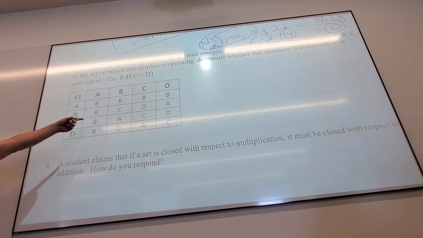Because I have all the answers. Can you tell me what C omega D is? D. What is D omega C? A. So does this represent a commutative operation?